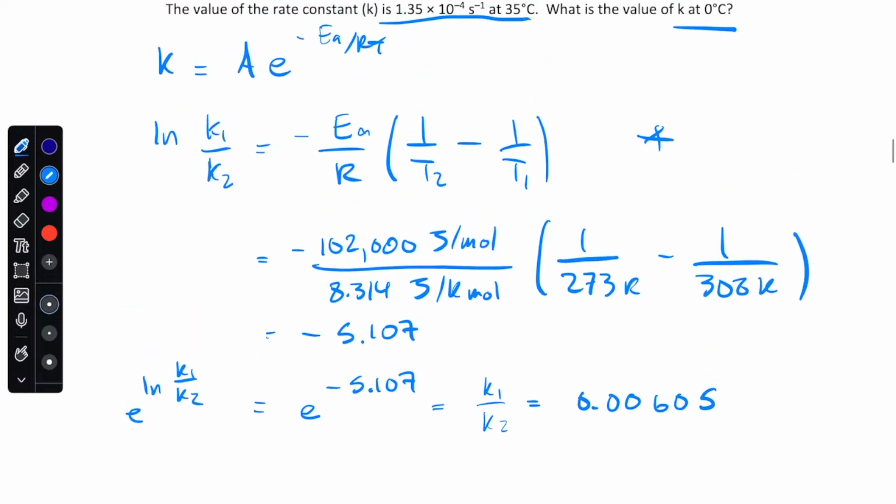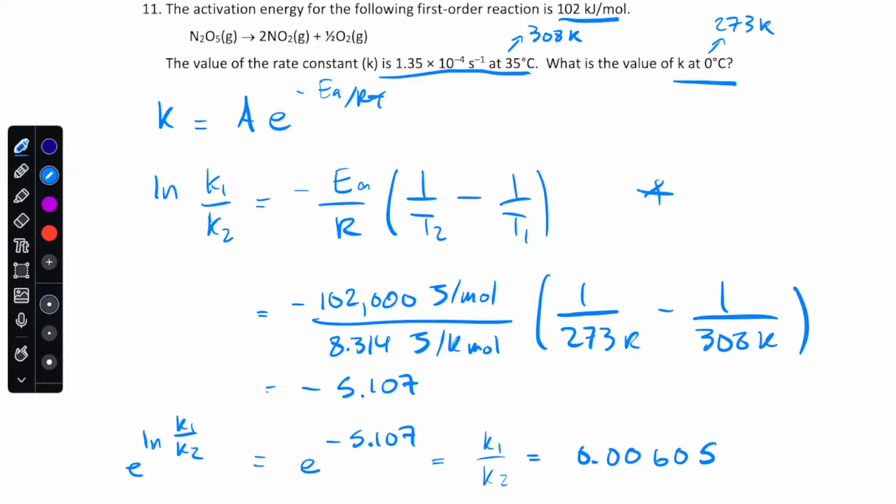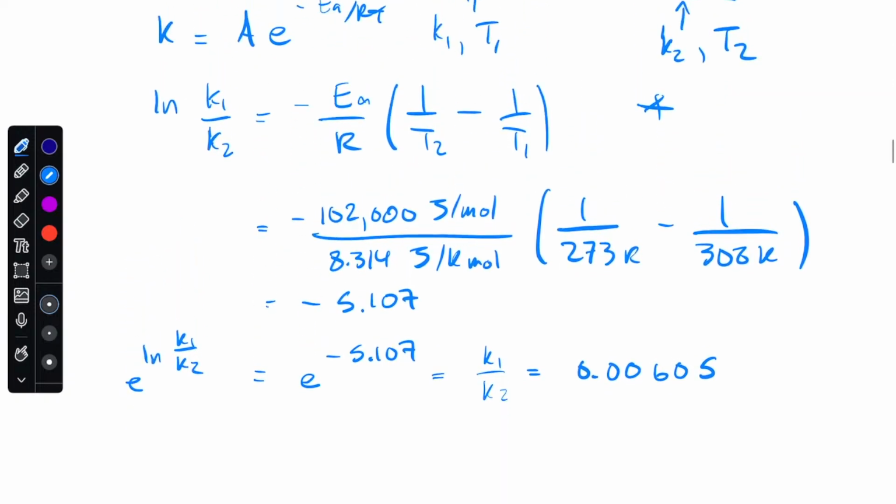All right, so what do we use up here? T2 was at 0 degrees. So this is K2 and T2. This one is K1 and T1. So basically what we want here is K2.